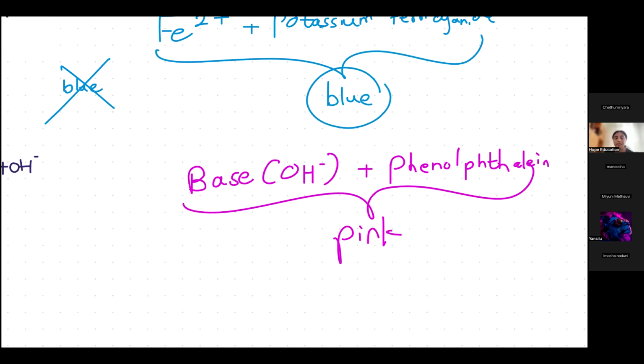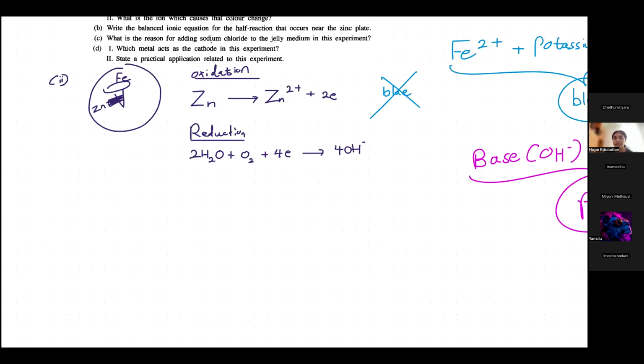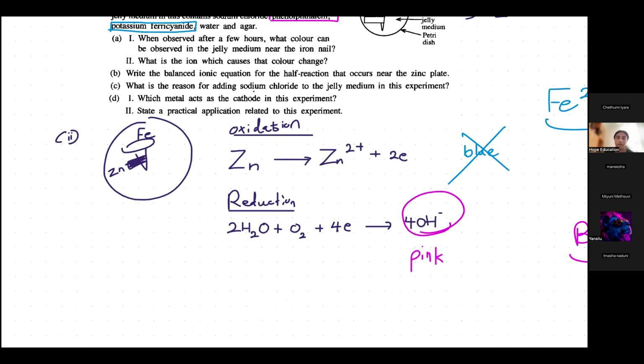So here OH minus ions are produced. So there is a pink color. Children, the place where oxidation happens is what we call the anode.